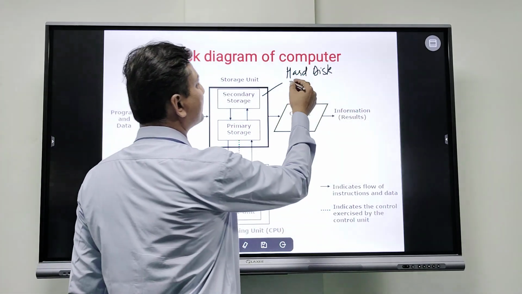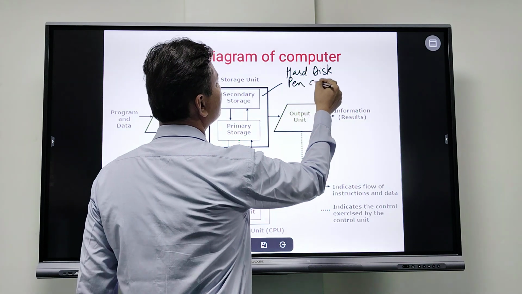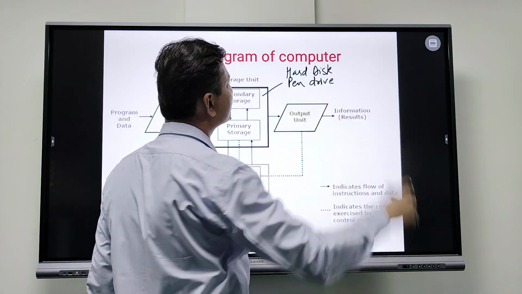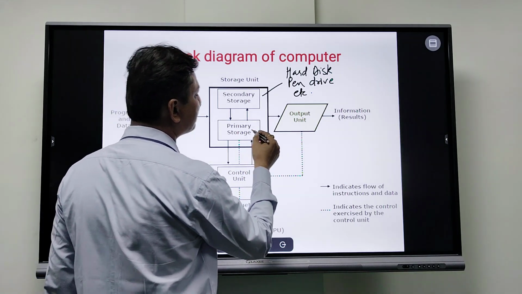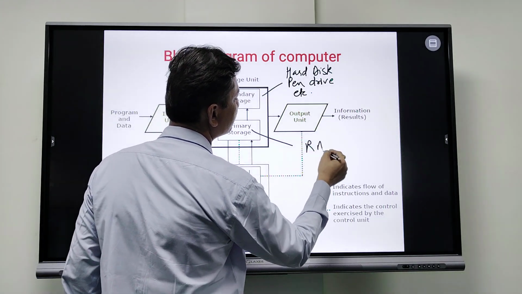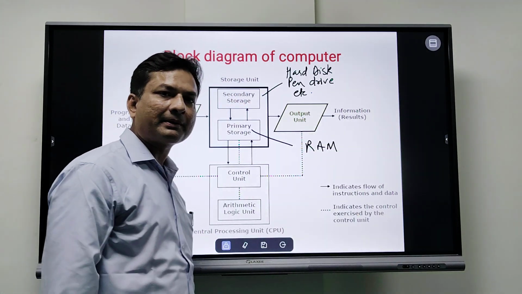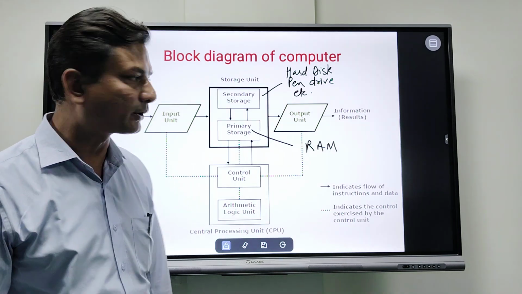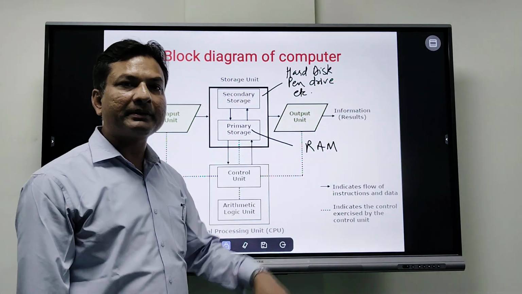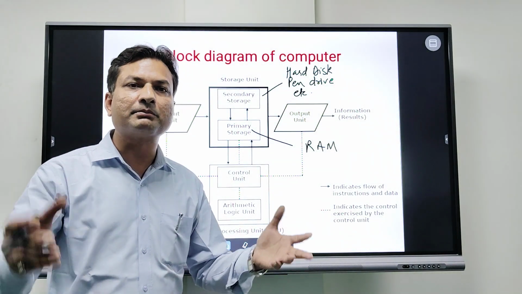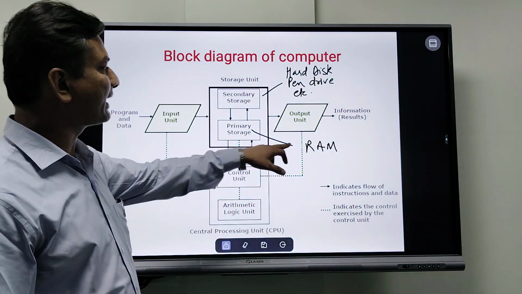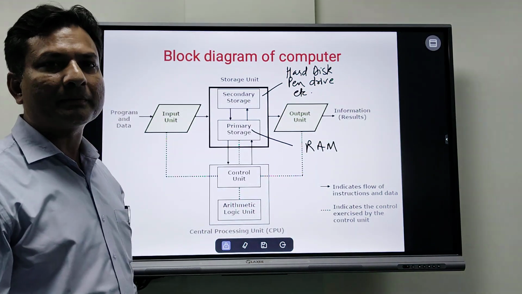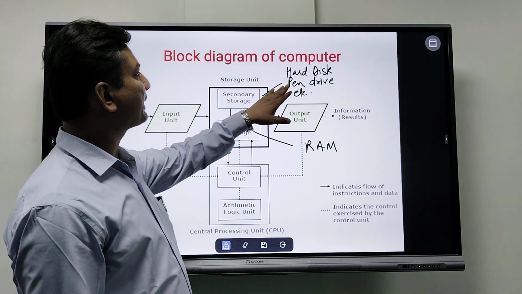Other example may be a pen drive, etc. And the example of primary storage is RAM. Full form of RAM is random access memory. It is the same thing that we have seen in our mobile phones, 4 GB RAM or 8 GB RAM. So that RAM is actually a primary storage, and hard disk, pen drive, etc.